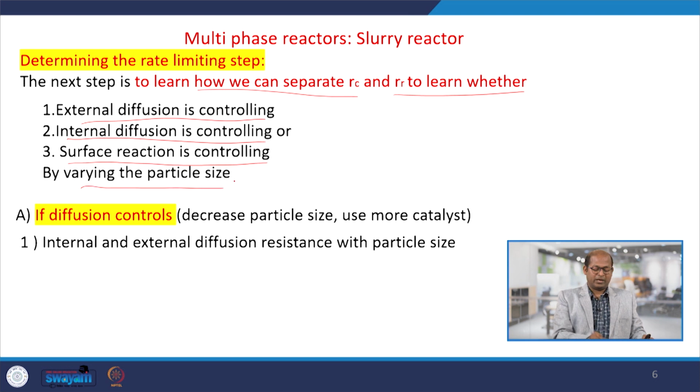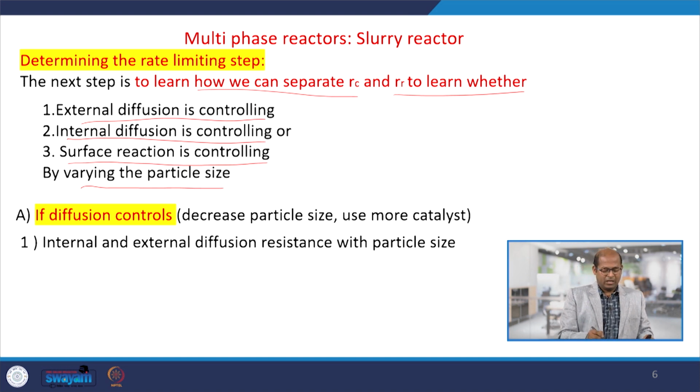The catalyst quantity we can change, a large quantity or a small quantity for that particular reaction, or we can change the particle size, which is also one of the parameters to control the diffusional resistance. How that would affect it, or how we can control it, we will discuss.